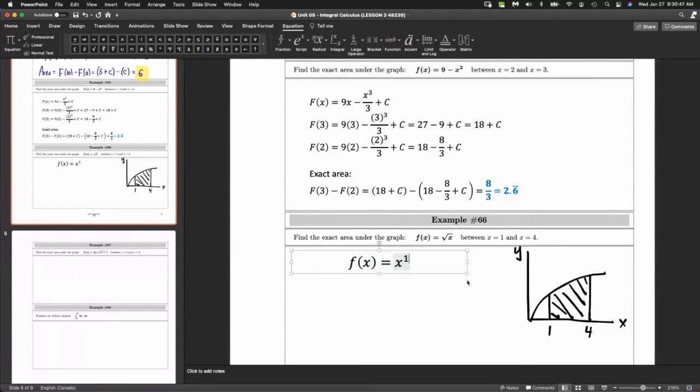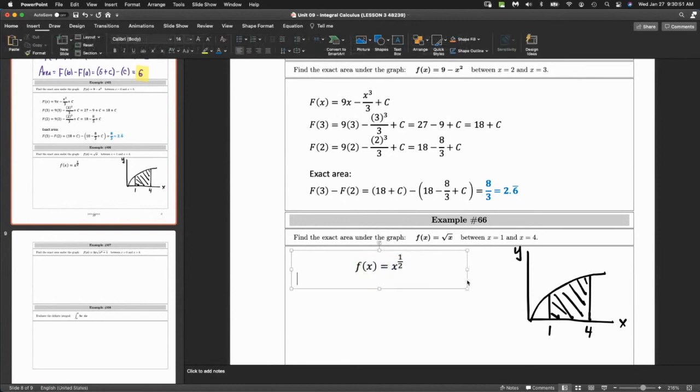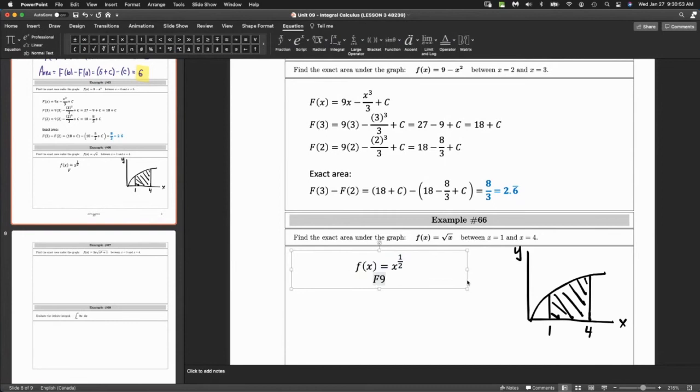by rewriting the function as an exponent like that, x to the half. And then we'll have the antiderivative, which is x to the 3 halves plus c, and then you have the thing in the front, which I called the checkerboard last time. You're dividing by 3 halves.